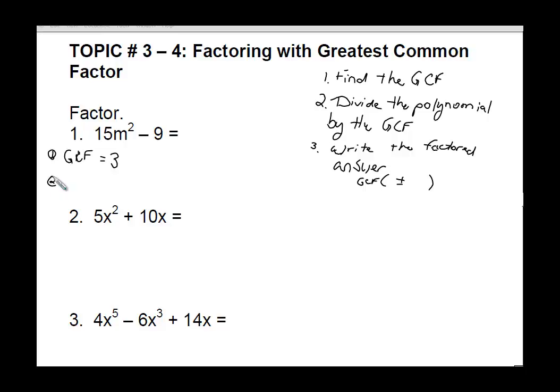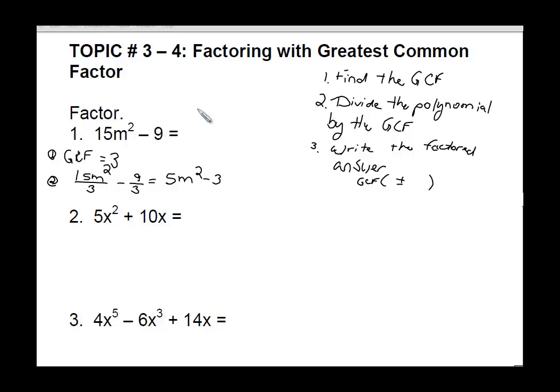Step 2, we divide the polynomial by the greatest common factor. So you have to divide each element of that polynomial by, in this case, 3. And you're going to get an answer when you do that. 15 divided by 3 is 5. And you still have an m squared. And minus 3, 9 divided by 3 is 3. So we've done our division, step 2.